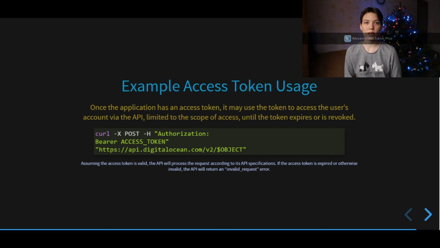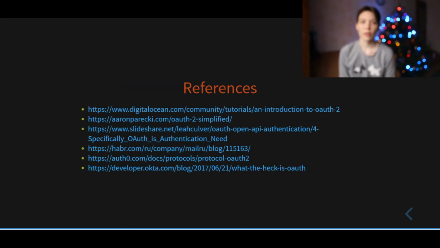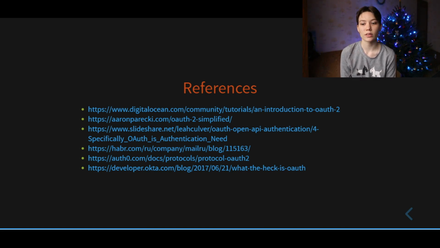Once the application has an access token, it may use the token to access its user's account via the API, limited to the scope of access until the token expires or is revoked. You can see the curl post, and at the end of the presentation you can see the references I used. You can also read them and maybe understand better what I say.